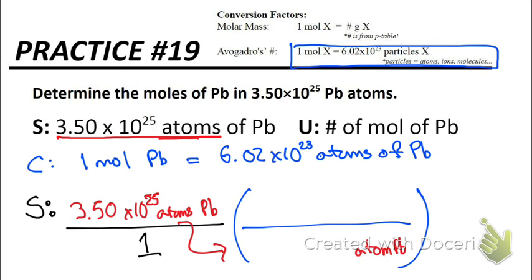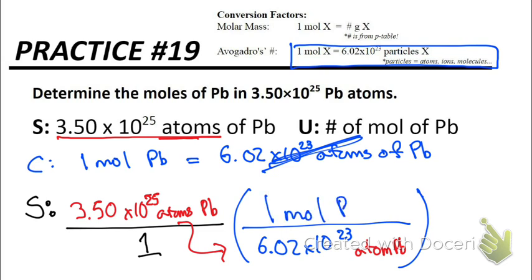So if you use one half of your conversion factor on the bottom, that's 6.02 times 10 to the 23rd atoms of lead, you have to use the other half of your conversion factor on top, 1 mole of lead. Now I know I've done this correctly because atoms of lead on top cancels with atoms of lead on the bottom.